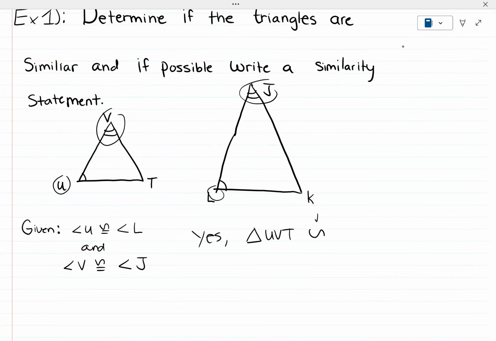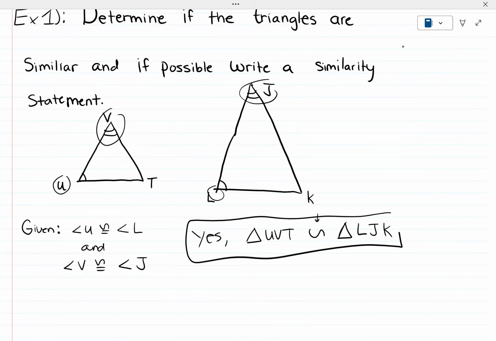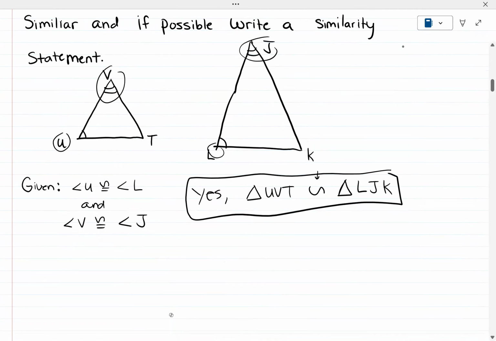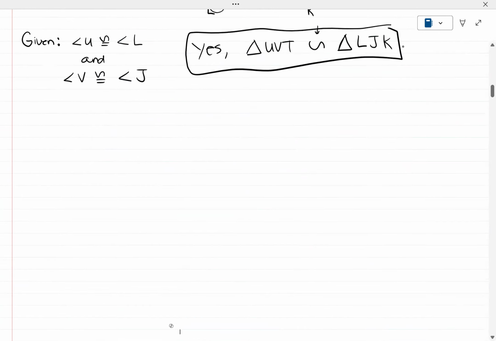As you can see, this symbol right here means similar, not congruent. Okay, let's move on to the next one.